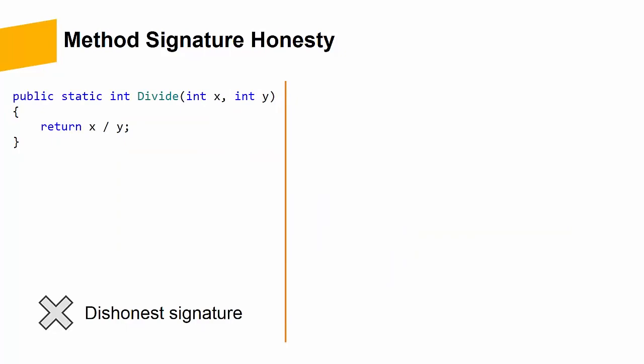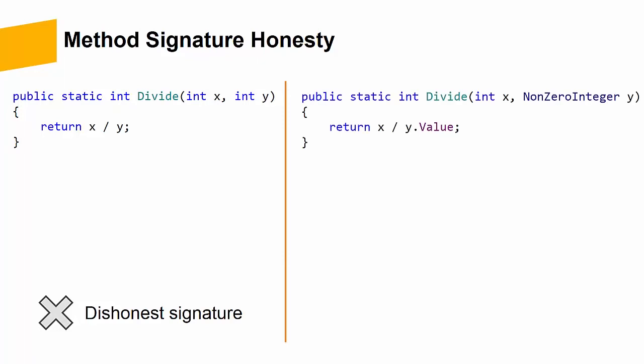So how can we transform the divide method so that it becomes honest? So make the signature of this method honest. There are two ways. The first one is we can change the type of the y parameter from integer to a custom non-zero integer type.